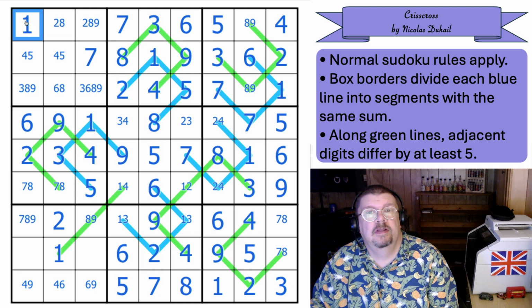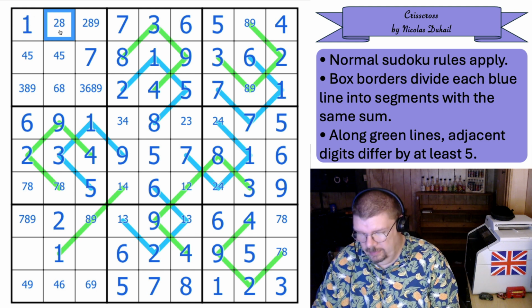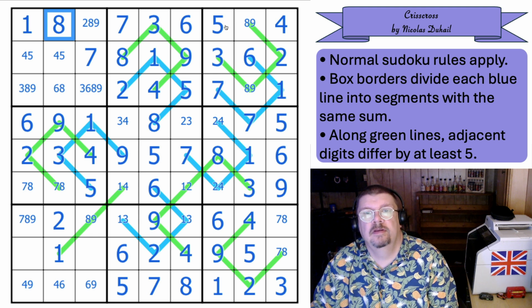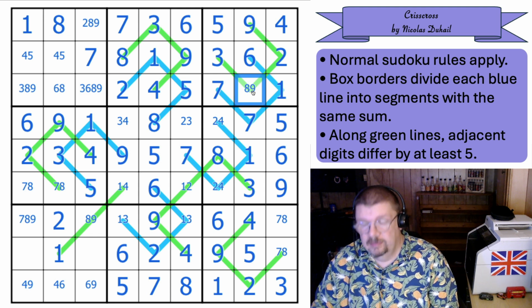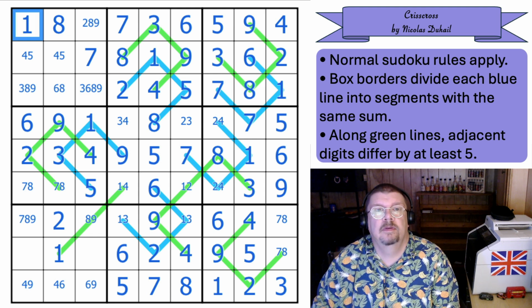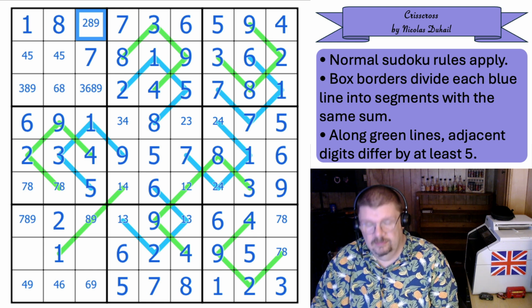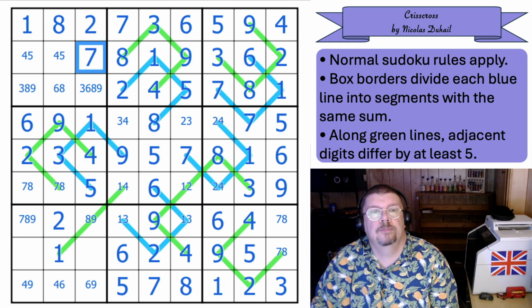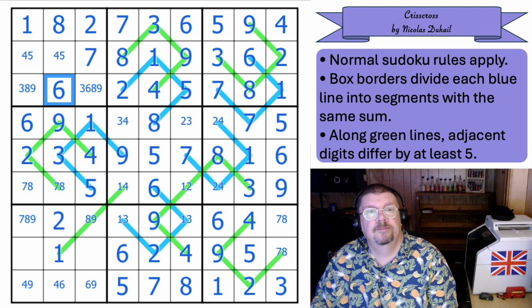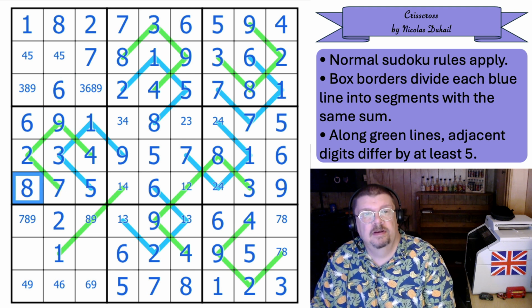That is not a 1, that is. That 2 looks up. That's an 8. That makes this 9 and this 8. That's now a 2. That's a 6. That is 7 and 8 there.